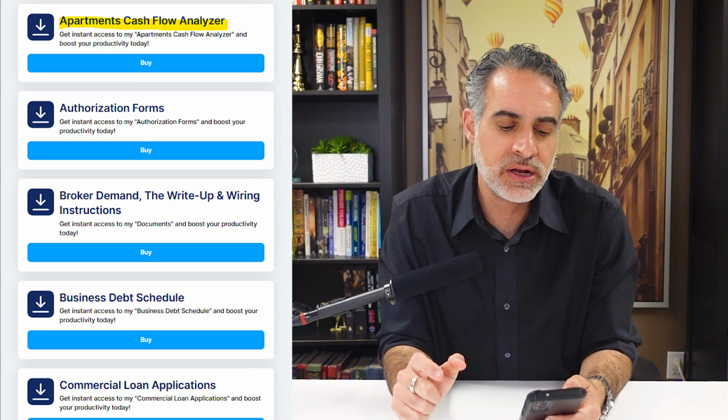It starts with an apartment cash flow analyzer. This one lets you cash flow any apartment deal. Typically you have income and expenses, and that brings you to something called an NOI, a net operating income, over something called a debt coverage ratio.